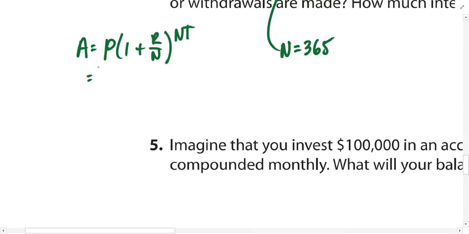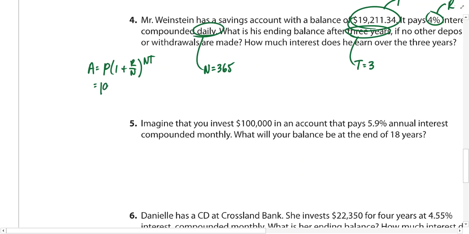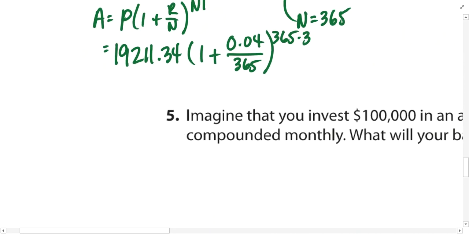So let's go ahead and make some substitutions. The P value, $19,211.34 times 1 plus 0.04 divided by 365 to the power of 365 times 3.